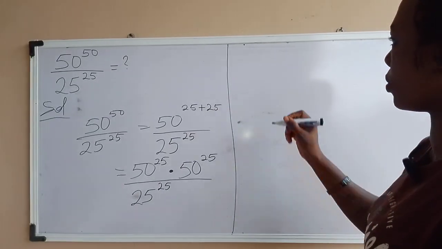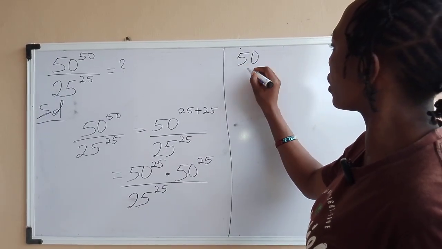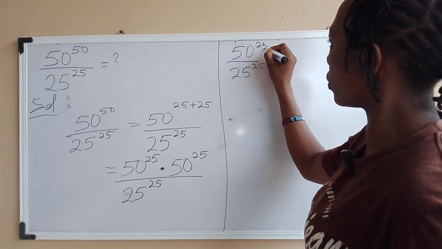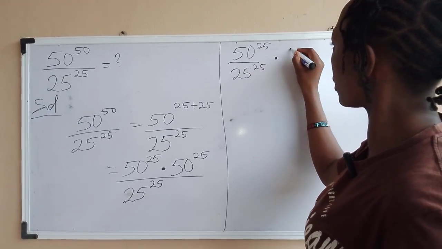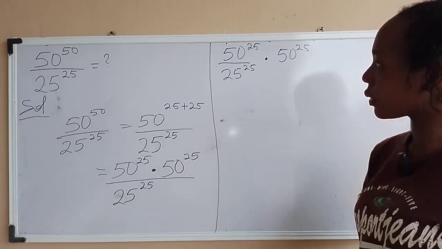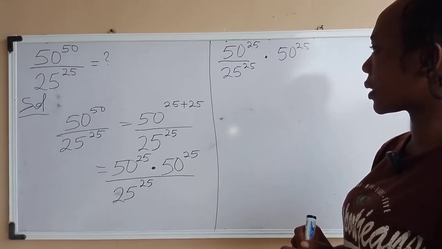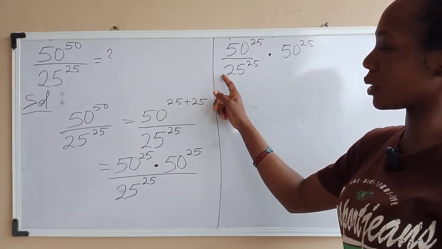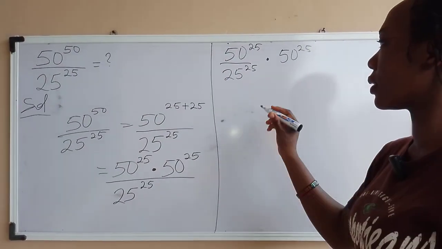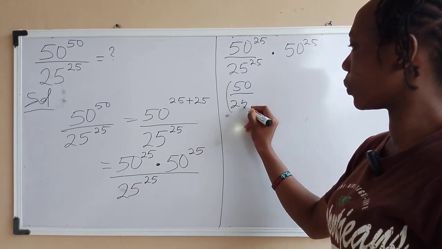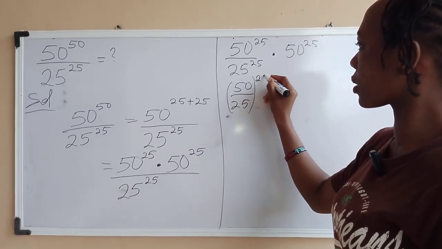Next thing we're going to do, we're going to work with it this way. So with this now, since the powers are the same, we can equate the numerator and the denominator together. That was our major focus, and that's the only way we can crush this question.